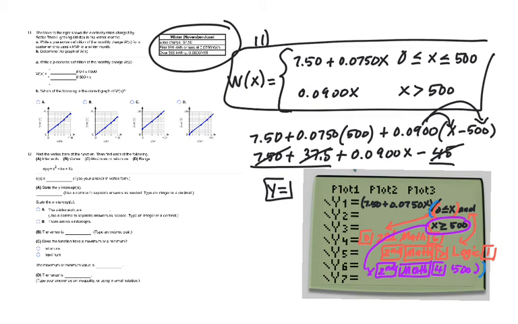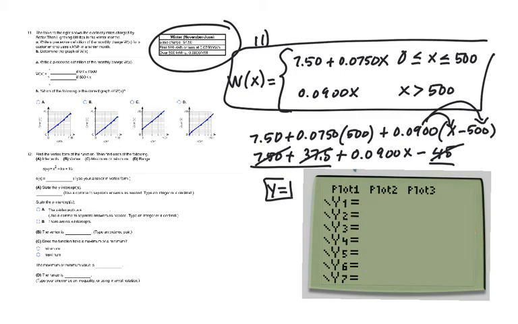Okay, for y sub 2, we'll type in 0.0900x, and that will be in parentheses. Then we'll divide by the inequality in parentheses, first x greater than 500.